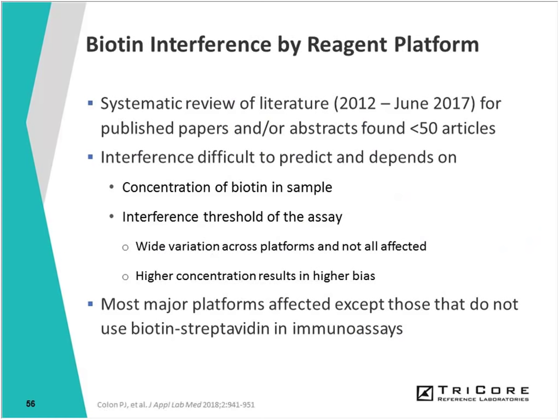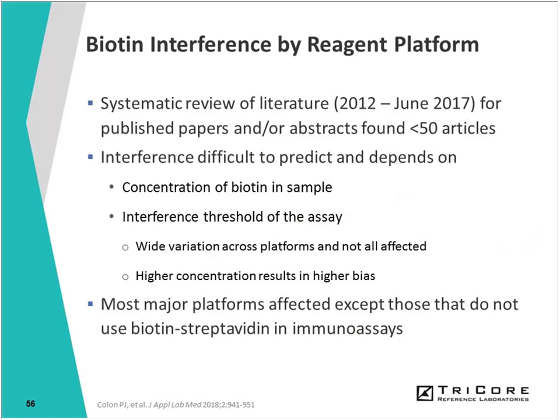So it's important to note that interference from biotin is difficult to predict, and it depends on several variables. These variables include the concentration of biotin in the sample and the interference threshold of the assay. Not all assays that use biotin as a reagent are affected, and among those that do, different assays show different sensitivities to interference.